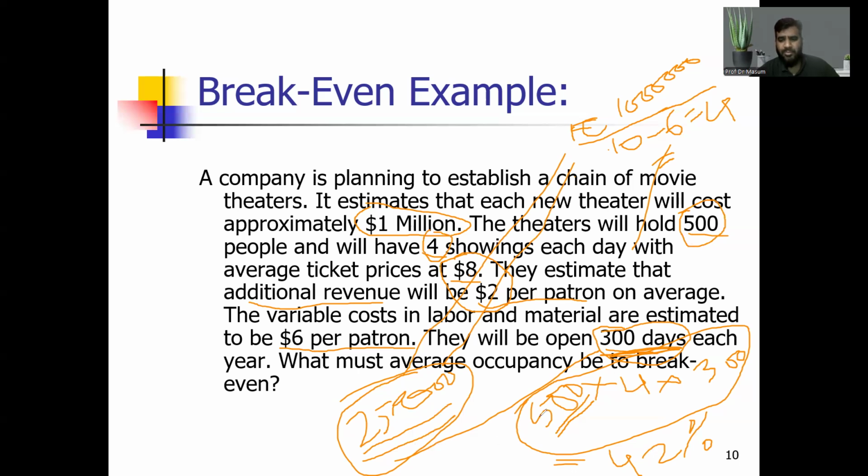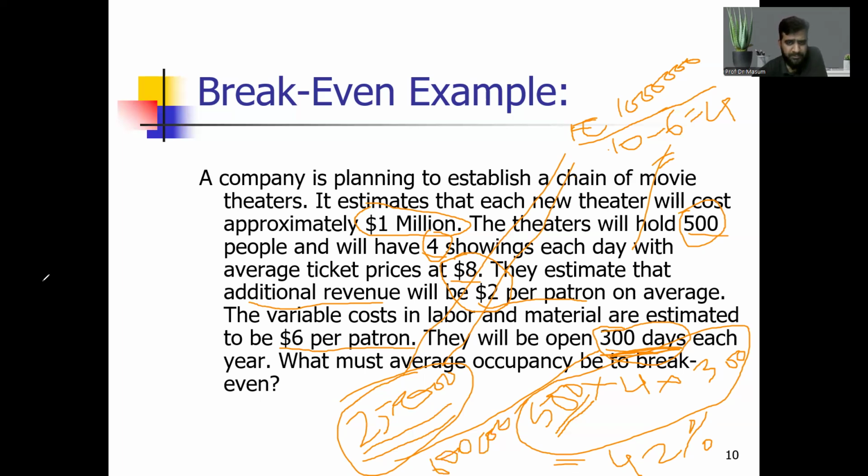600,000, isn't it? So 250,000 divided by 600,000 equals 0.42 or 42%. So to break even, your company must occupy 42% of seats.